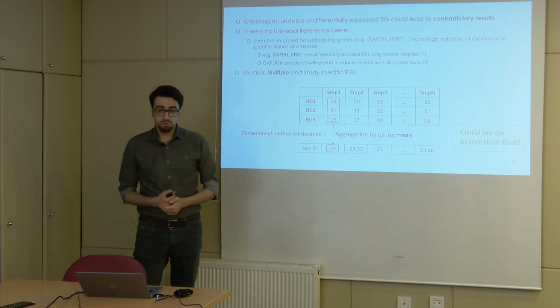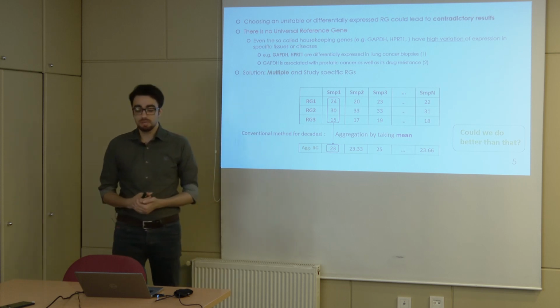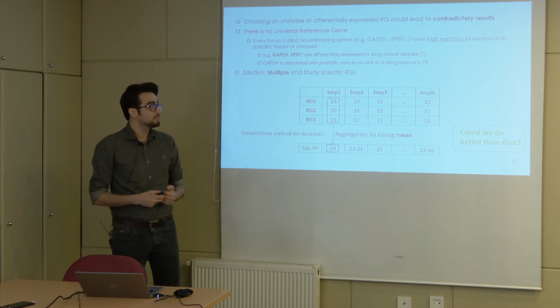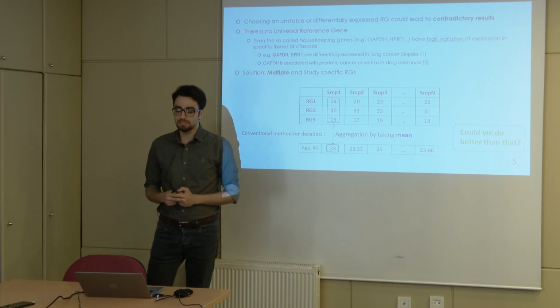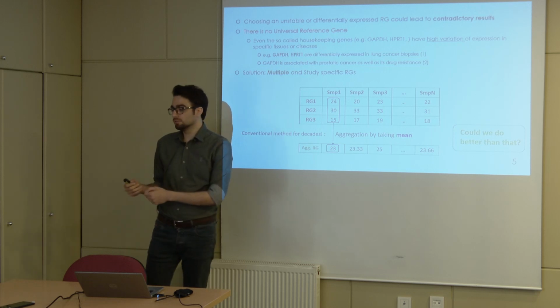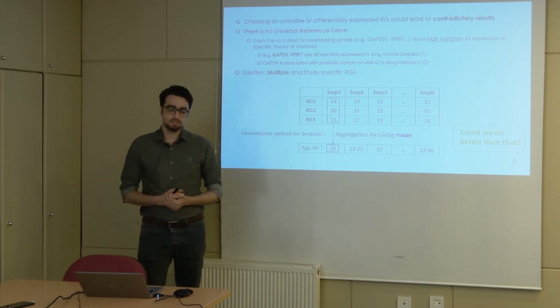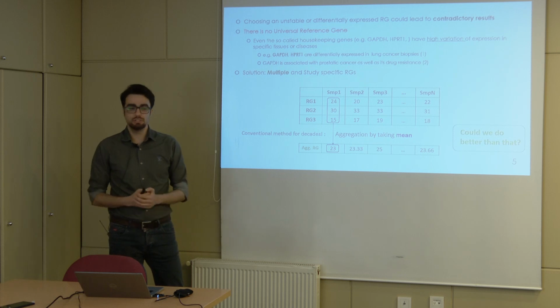So it's really important, because choosing an unstable or differentially expressed reference gene, which we are normalizing our samples with, can lead to very contradictory results. I had an experience with a molecular genetics lab. They were trying to validate their experiments for a microRNA, and they used the U6 internal control, and they couldn't find any significant change in the gene.